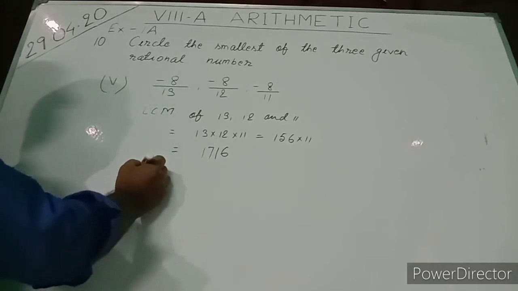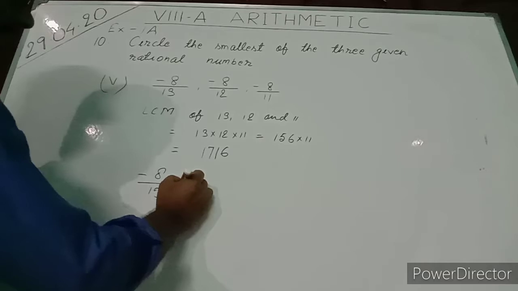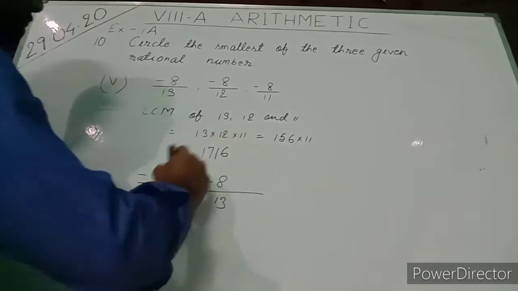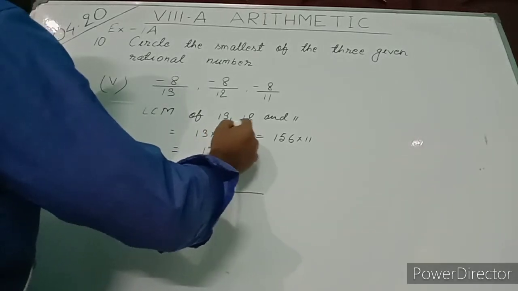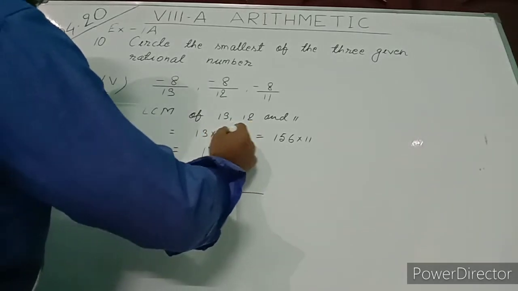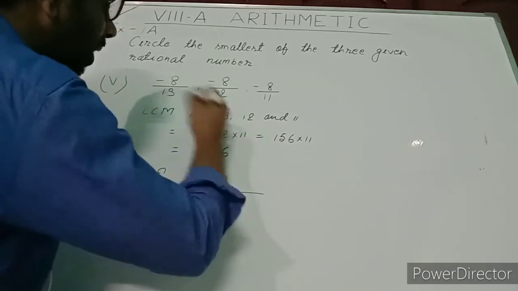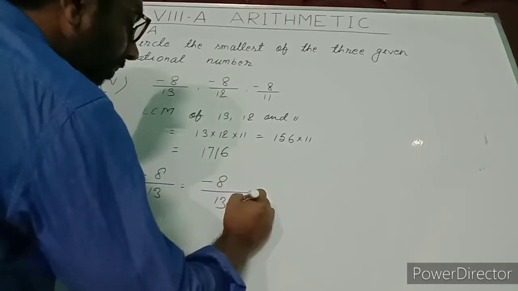Now we use the first fraction, minus 8 by 13. Now you decide by which number you will multiply this denominator to get 1716. So except 13, what is left? 11 and 12. So we will multiply this 13 by the multiplication of 11 and 12. That is equal to 11 2 is 22, 2, 11 1 is 11 and 2 13.